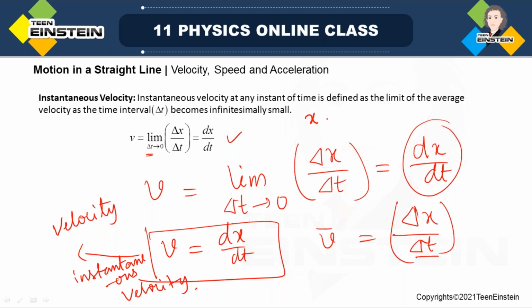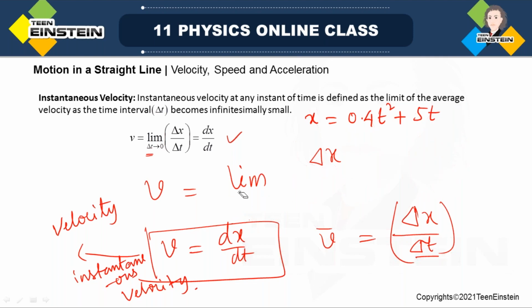If I say the position of an object is changing like 0.4 t square plus 5t, and you have to find the instantaneous velocity, or simply, if they ask you what is the velocity of the object at 4 seconds, that means you have to find the instantaneous velocity.